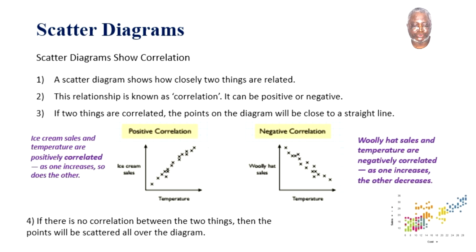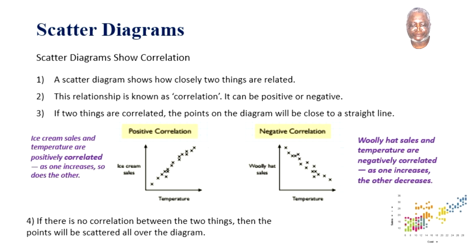This relationship is known as correlation, and it can be either positive or negative. If two things are correlated, the points on the diagram will be close to a straight line. And if they're not, the further away from the straight line they are, the lower their relationship.